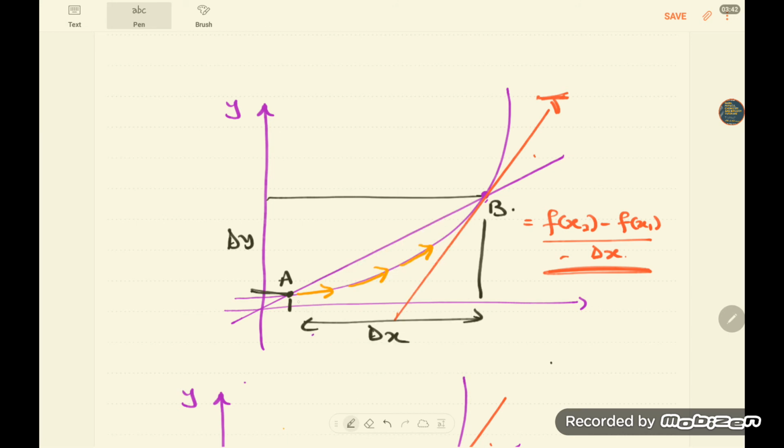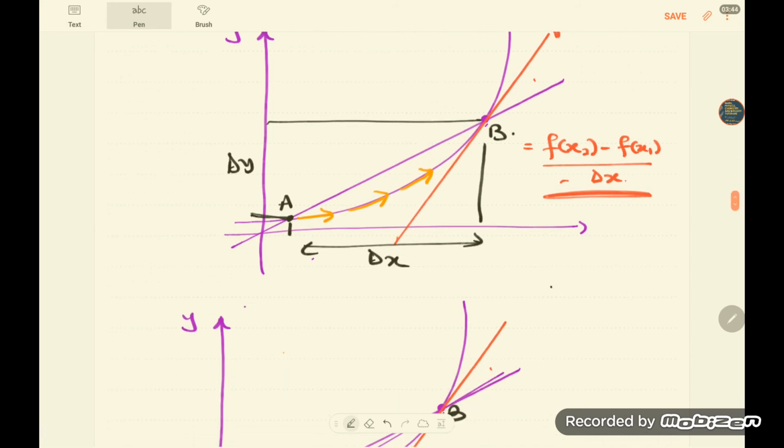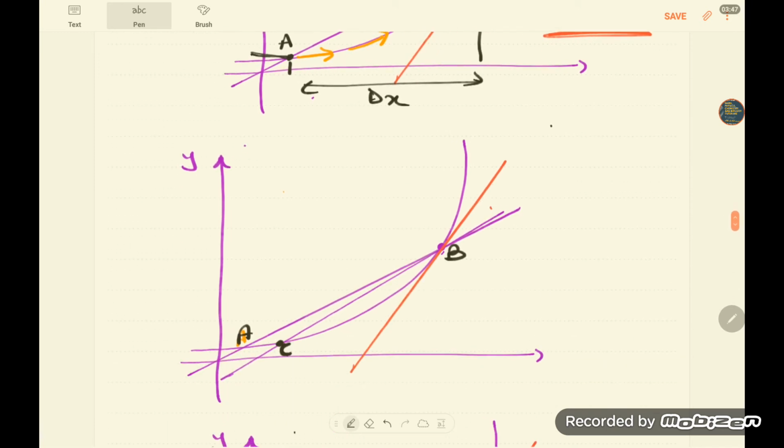Now, what we're saying is that as A moves from where it is to where C is, notice what is changing.